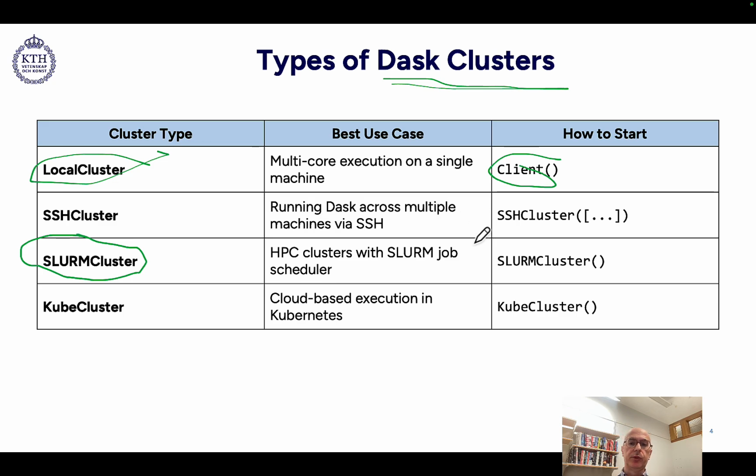So to start the client, we need to create a SLURM cluster. If you're doing cloud computing and want to deploy dask on cloud infrastructure, then you will need to use a Kube cluster for cloud-based execution, using Kubernetes as the orchestration framework.